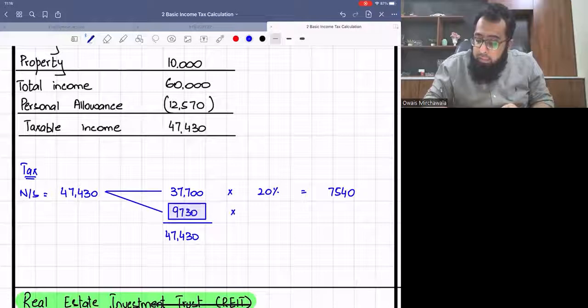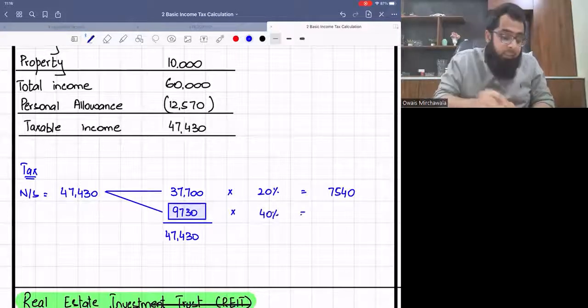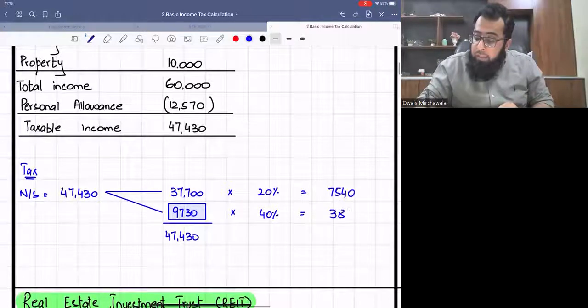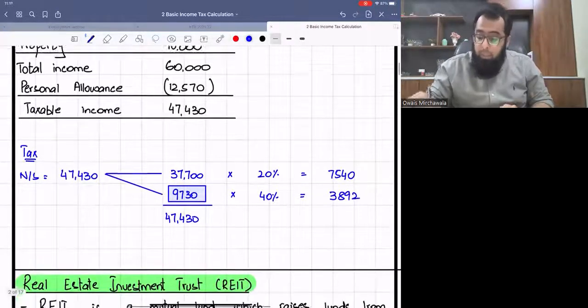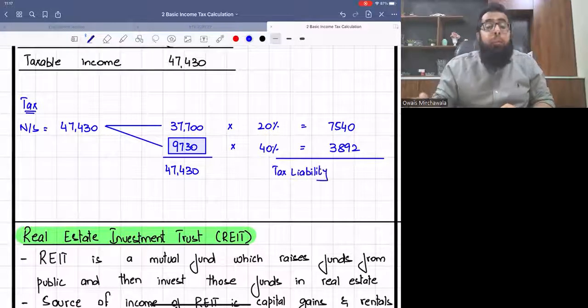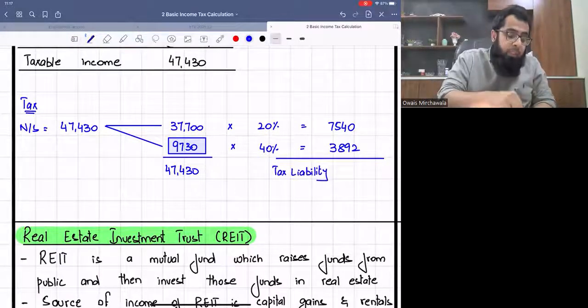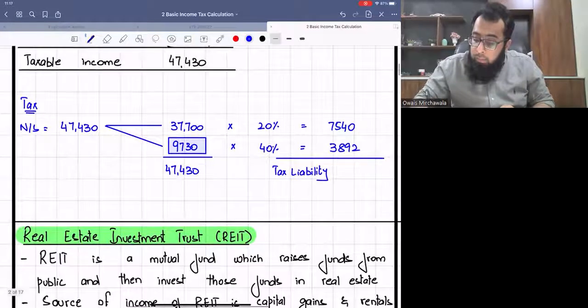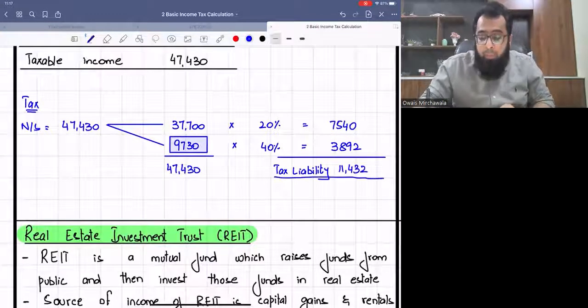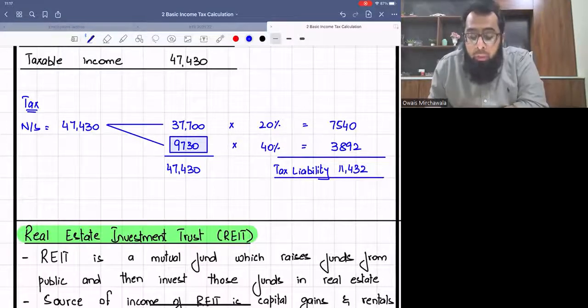On 9,730, the rate of tax is 40%. So this gives me 3,892. So my tax liability will be 11,432.